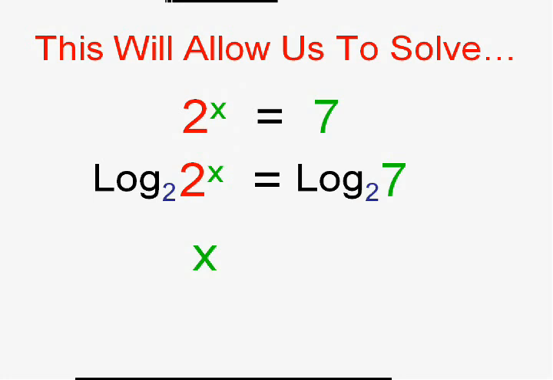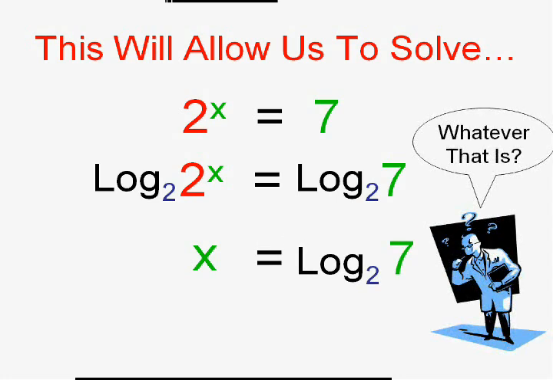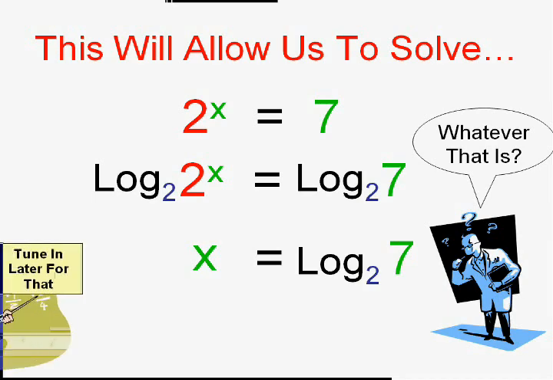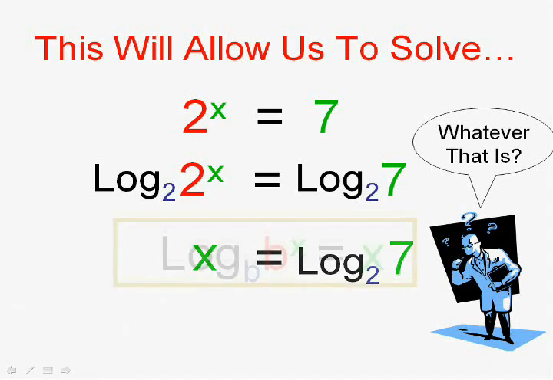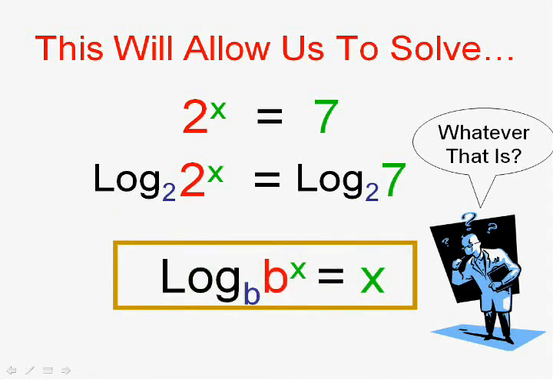That's going to allow us to solve some very difficult equations. Now that x will equal the log base 2 of 7, whatever that is, and we'll figure that out. We'll work with that later. So I hope you see that second property is going to be quite useful: that the log base b of b to the x simplifies to x. Look familiar?